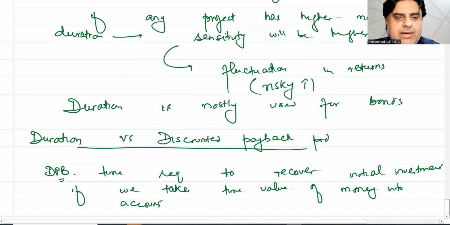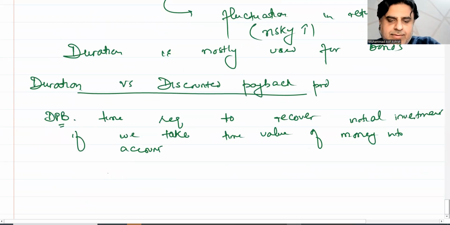This is discounted payback period. Definitely, the shorter discounted payback periods are preferable.